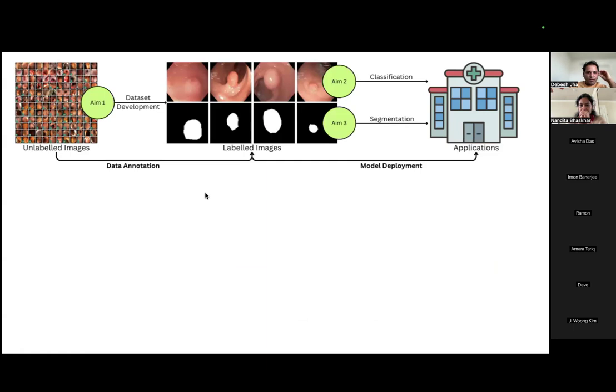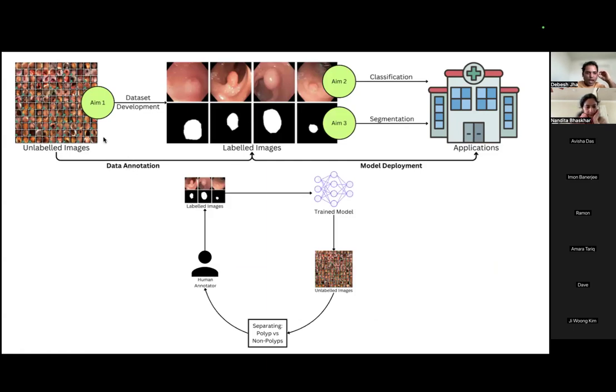Again, our goal was to develop datasets. When I started my PhD, there were only a limited number of datasets, maybe 5 or 6, and most of those were restricted. So there was almost no open access dataset. Then we started with data collection.